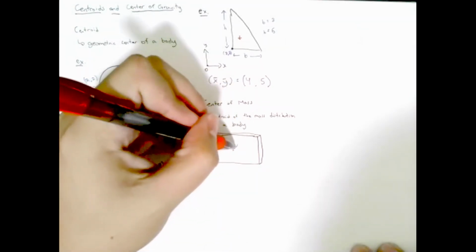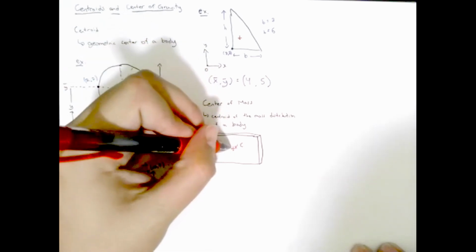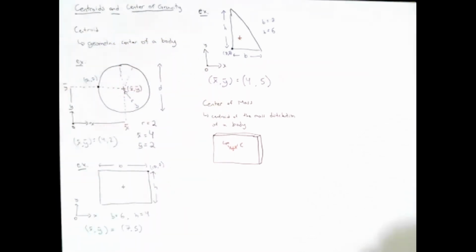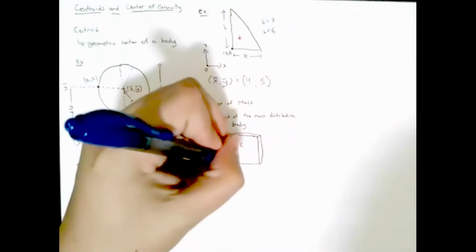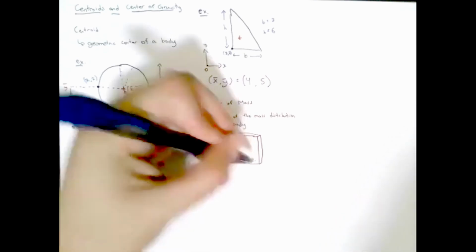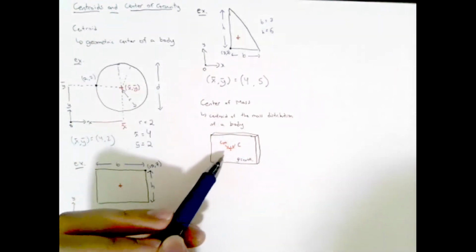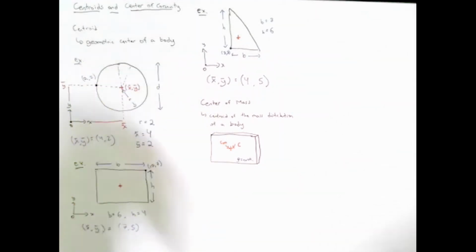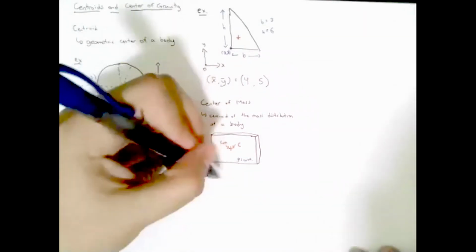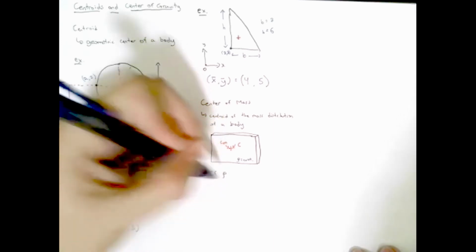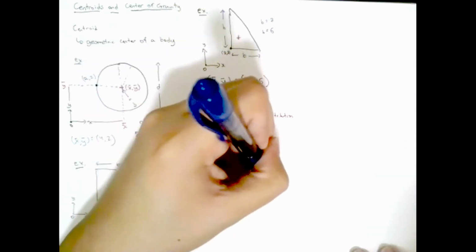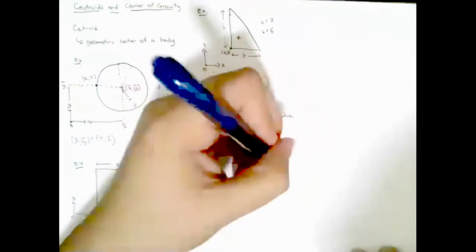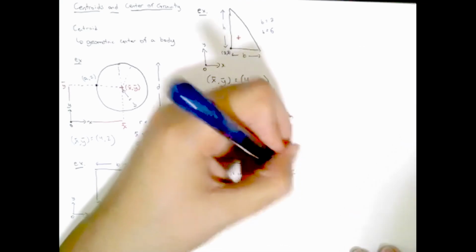In other words, my centroid, which I'll call C, would be at the same location as the center of mass, which I'll just call Cm. And the reason is that since the density is constant throughout the entire plate, then whatever direction I look, an amount of volume will have that same amount of mass. So what I'm getting at is that if the density of a body is constant, then the center of mass and the centroid will be in the same location. Okay?